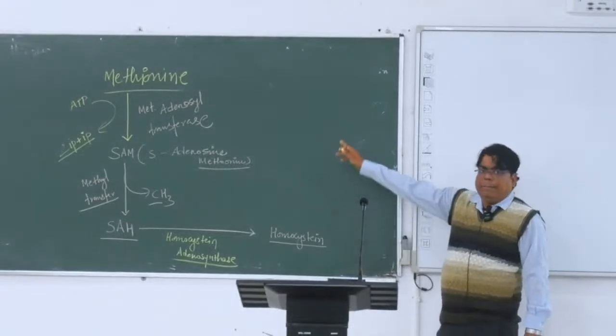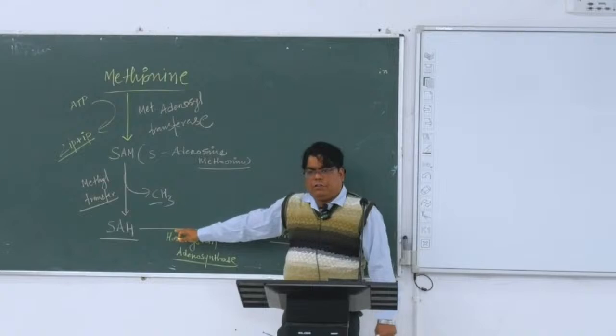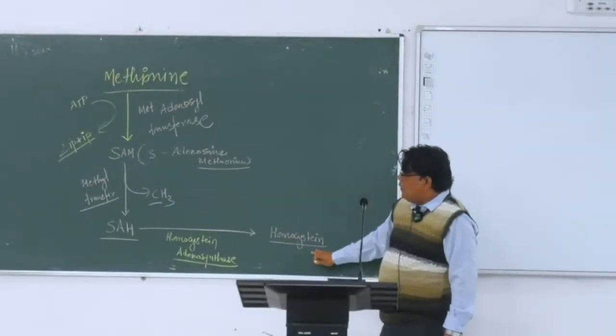All of you see, methionine is firstly converted into SAM. SAM is converted into S-adenosyl homocysteine. S-adenosyl homocysteine is converted into homocysteine.